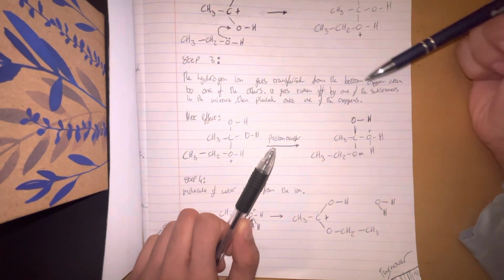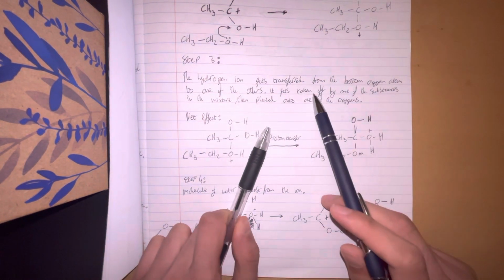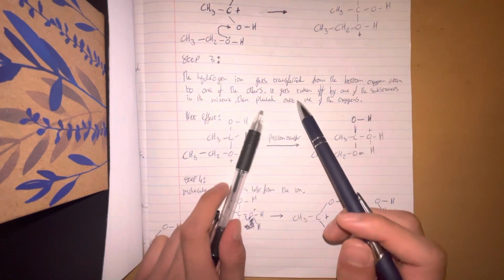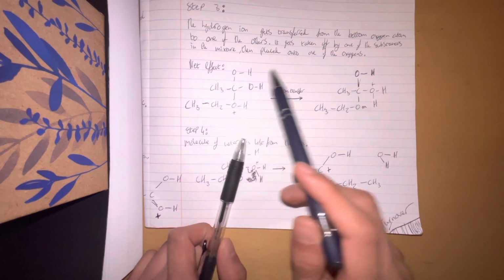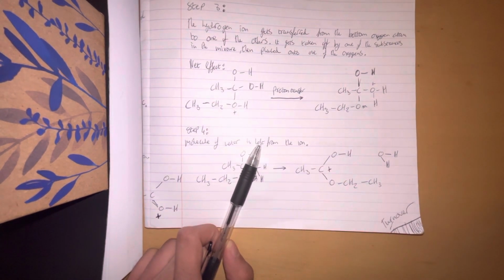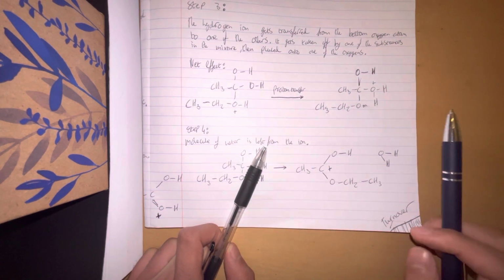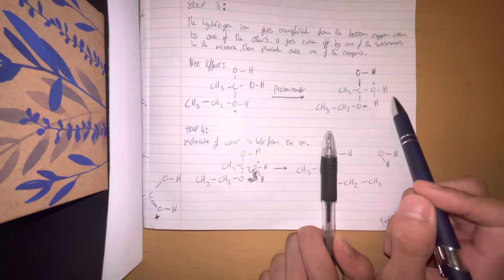In step 3, the hydrogen ion gets transferred from the bottom oxygen atom to one of the others. It gets taken off by one of the substances in the mixture, then placed onto one of the oxygens. The proton gets transferred onto here.